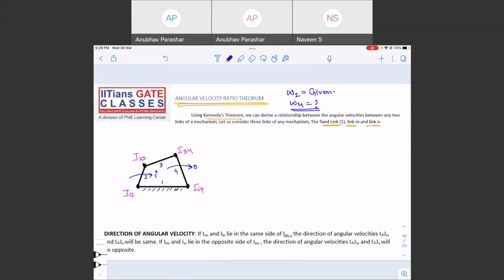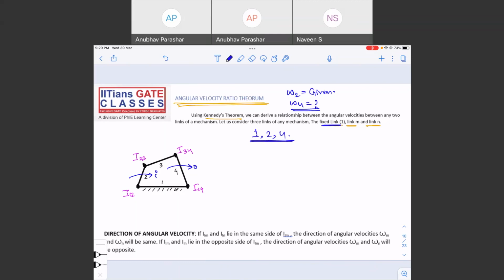In that case, you can use the angular velocity theorem. Link 2 and link 4 will be in the picture, and the third link is the fixed link. So link 1, link 2, and link 4 are used while writing down the angular velocity theorem.